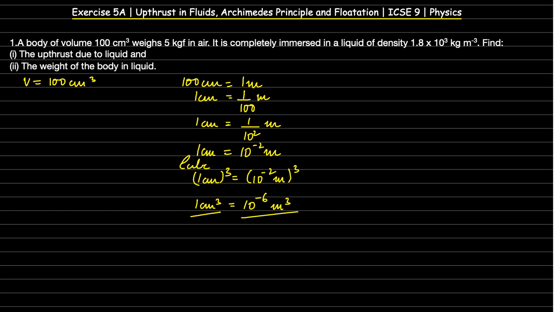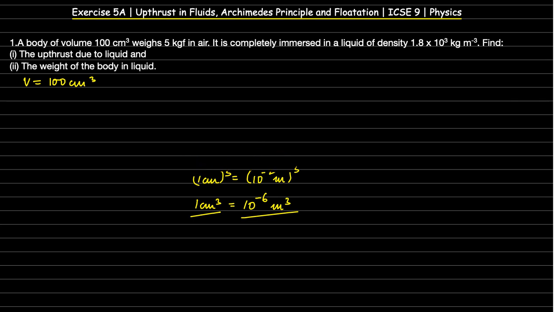I would be erasing this because we have some space problems. Before erasing the entire thing, I would write here: 100 centimeter cube can be written as 100 into 10 to the power of minus 6 meter cube. So this is the volume which we have got.